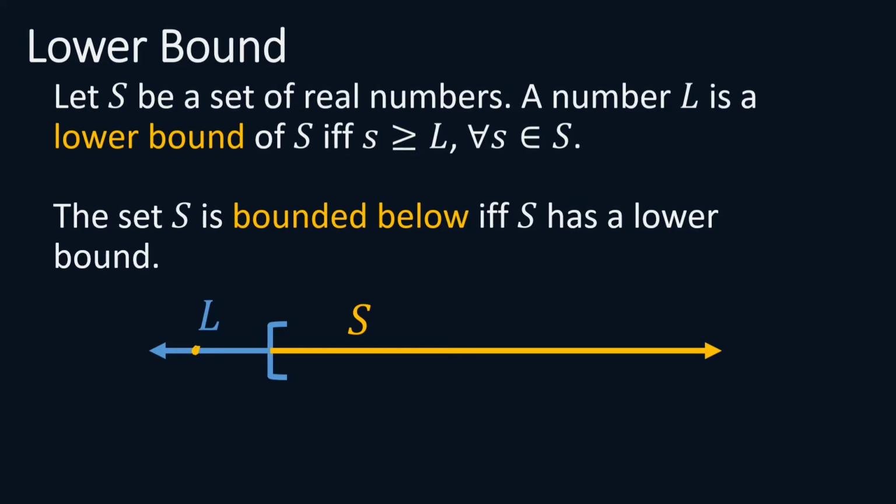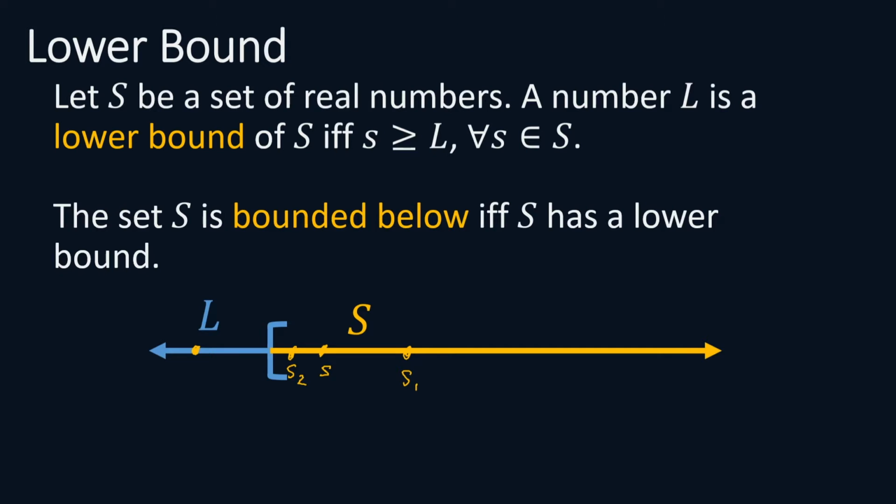As you can see here in the illustration, we have the real number line and we can identify elements s sub 1, another element, say s sub 2, and any arbitrary element of the set S must always be greater than or equal to a lower bound. For this case, I have placed the lower bound here and that is represented by L.